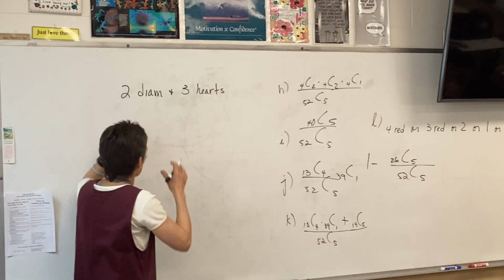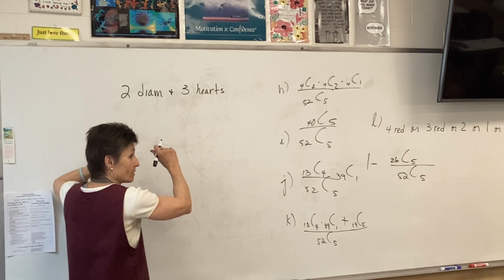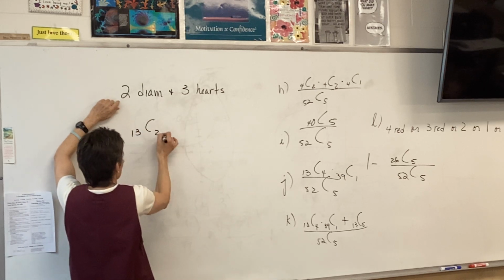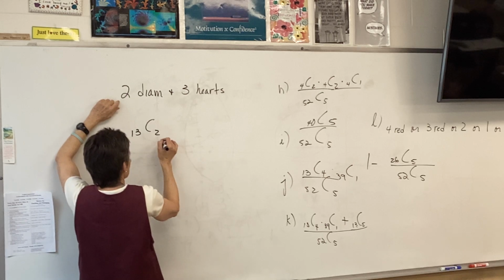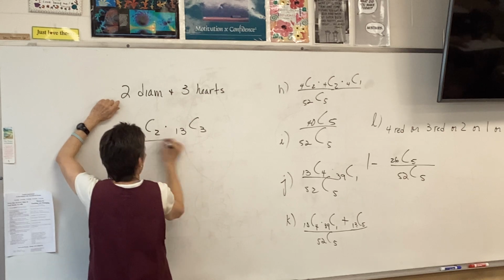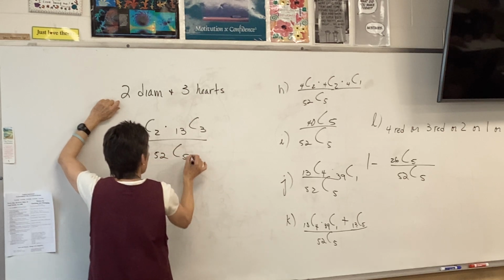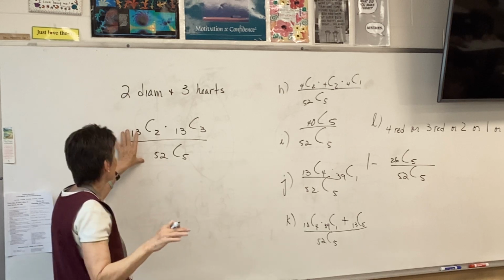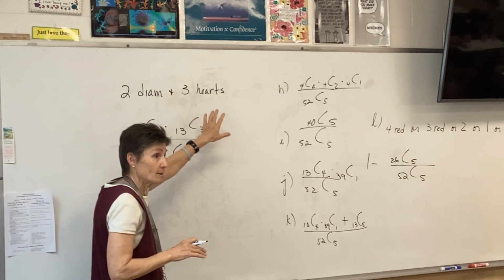So let's look at, what does just that look like? 13C2 times 13C3, over 52C5. So this would be the specific probability of 2 diamonds and 3 hearts.